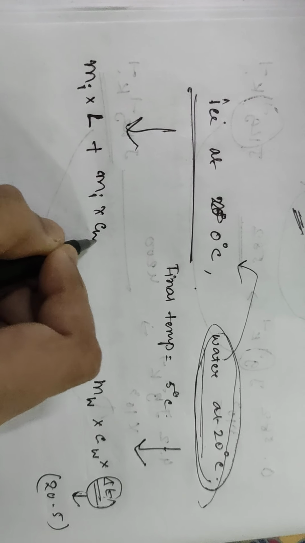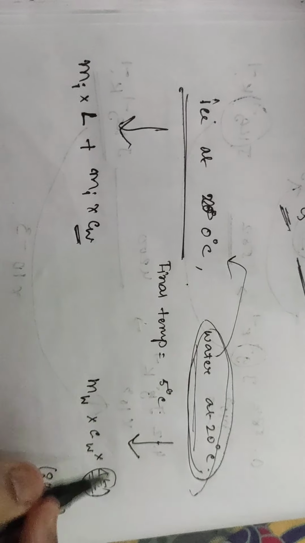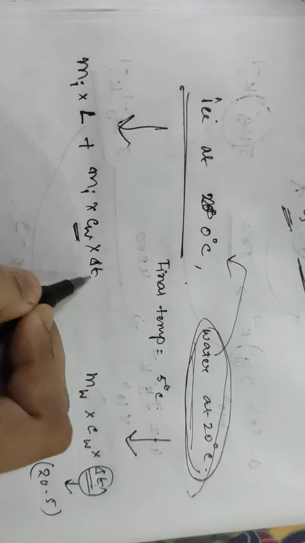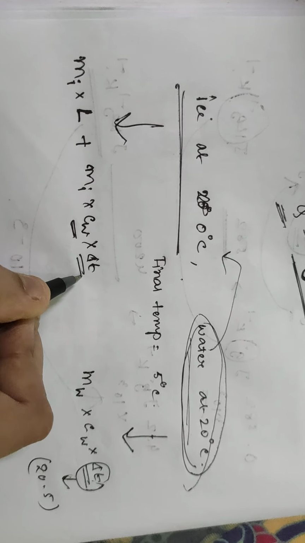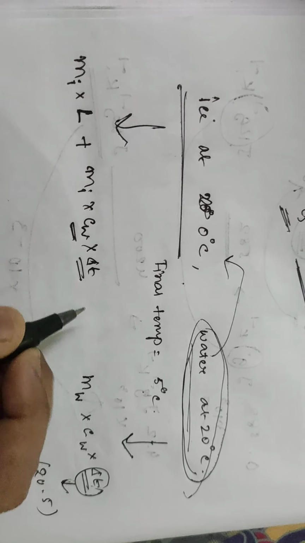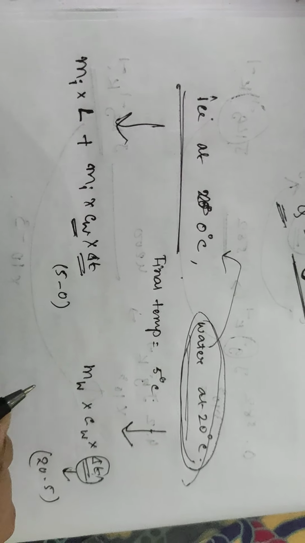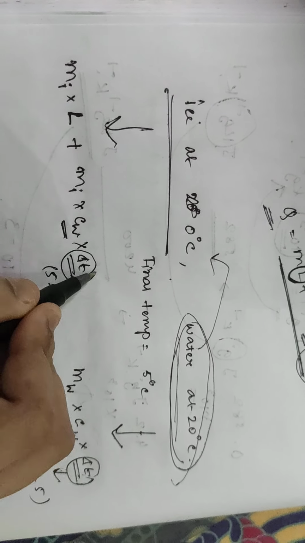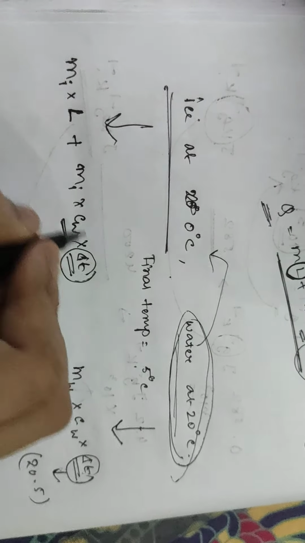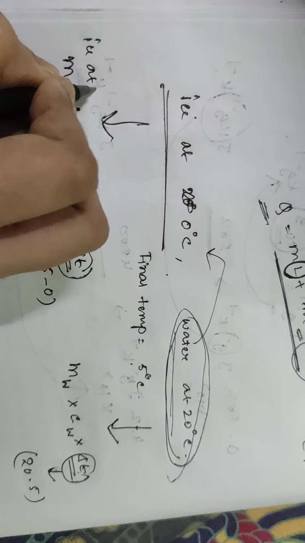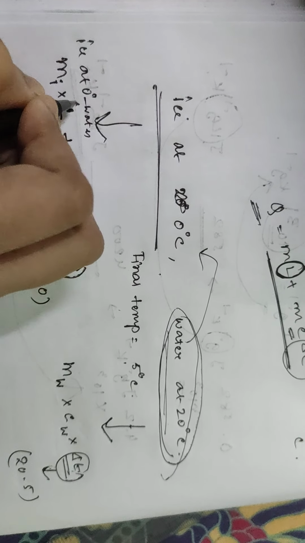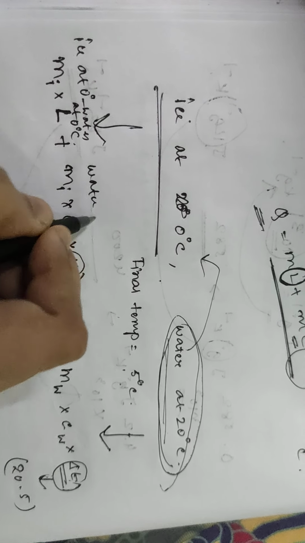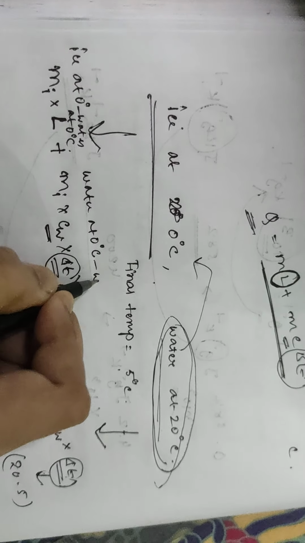So now I will use the specific heat capacity of water because it has now converted to water, into now delta T. What is delta T now? Rise in temperature, so that means 5 minus 0, final minus initial, because now this is ice at 0 to water at 0 degree. Now this is water at 0 to water at 5 degree.